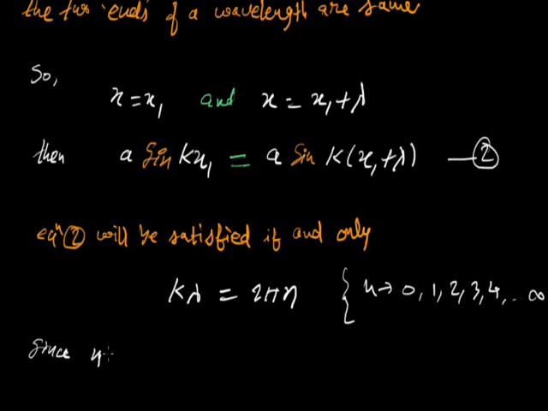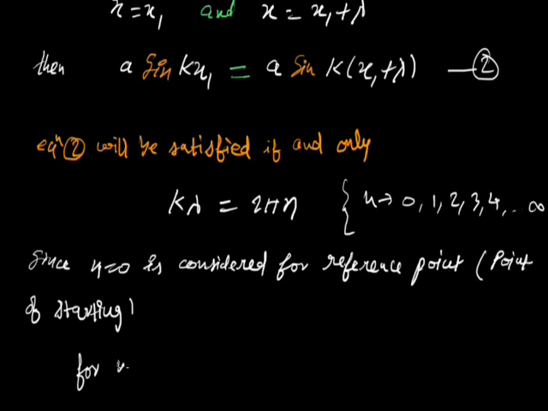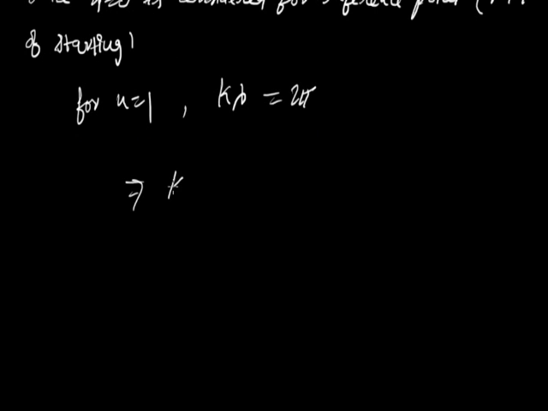Since n equals 0 is considered for reference point, or you can say point of starting, for n equals 1, we find that k lambda will be equal to 2 pi, or we can say k equals 2 pi upon lambda.